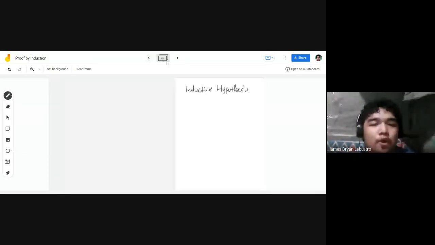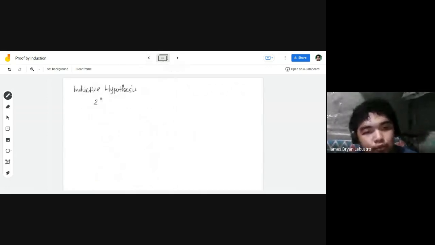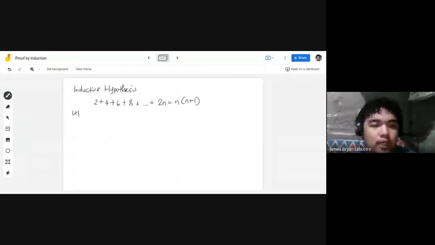So how are we going to do that? We first write the statement: 2 plus 4 plus 6 plus 8 plus ellipsis plus 2n equals n times n plus 1. Then after that, we're going to let n equal to k.